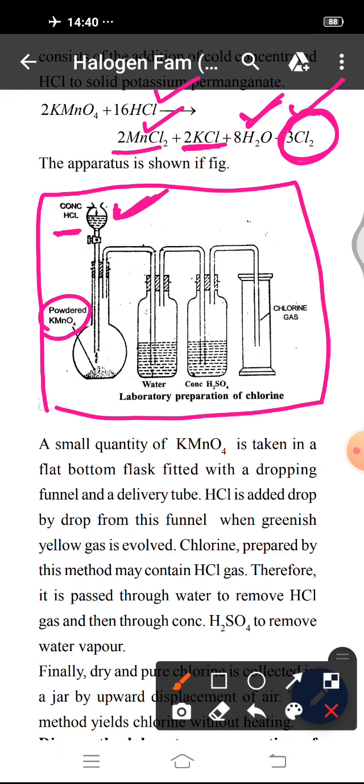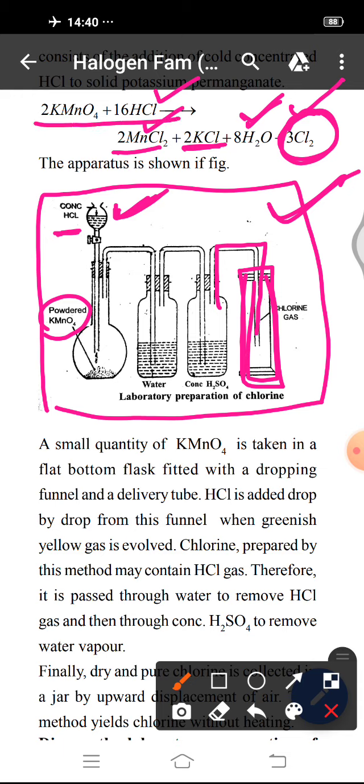The delivery tube at the other end is attached to a gas jar in which water is taken, and from this another delivery tube opens into another vessel which contains concentrated H2SO4. Then from the concentrated H2SO4 vessel, another delivery tube opens into a gas jar where chlorine gas is collected. So this is the laboratory setup of chlorine gas preparation from concentrated HCl and KMnO4 reaction.